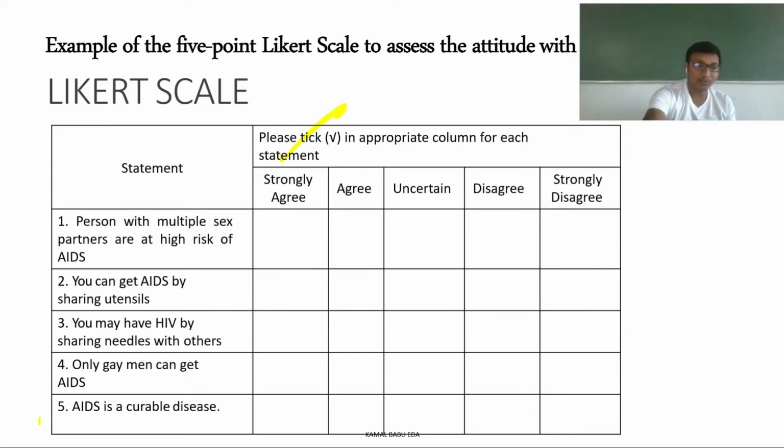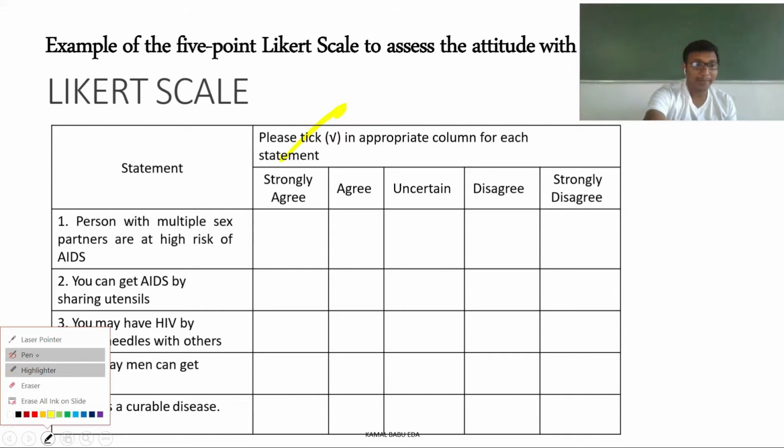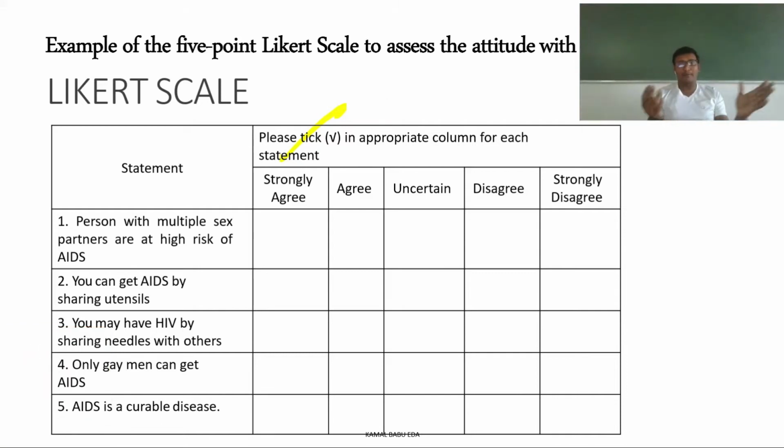What you have to do is keep a tick mark here. You just think whether a person with multiple sex partners gets AIDS, or a person with a single sex partner gets AIDS. The person with multiple sex partners is at risk, so I strongly agree with this statement.